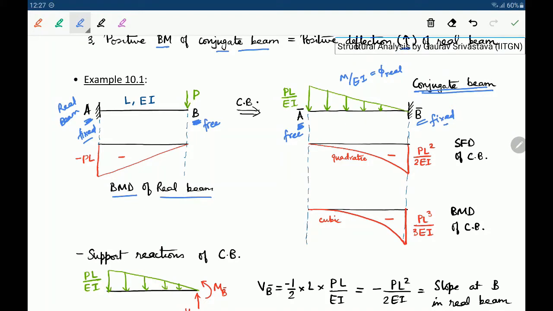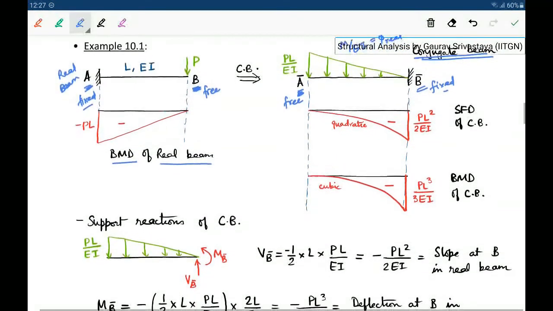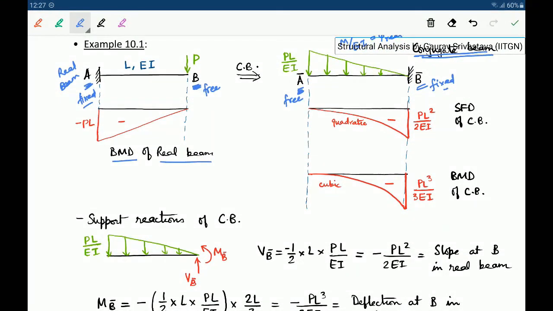Okay, and once we have made our conjugate beam, then we can talk about the shear force and bending moment diagrams of the conjugate beam. Before that we can find out the support reactions of the conjugate beam. So if we draw the free body diagram of the conjugate beam, it will take this form.